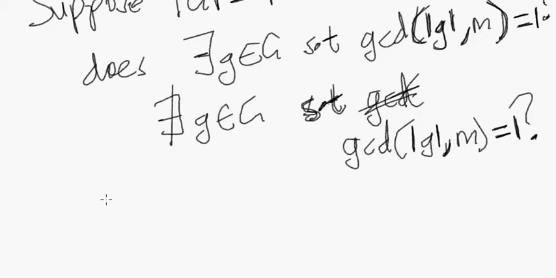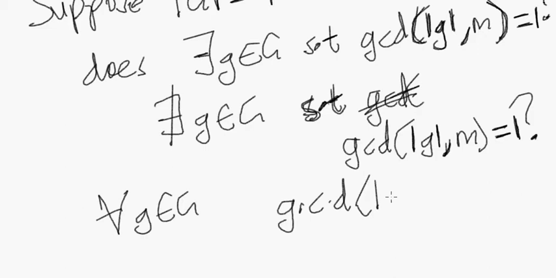Doesn't that mean that for all elements of the group G, the GCD of the order of g and M cannot equal 1?